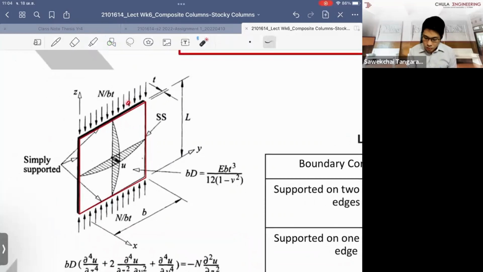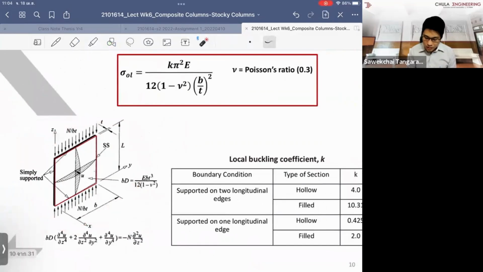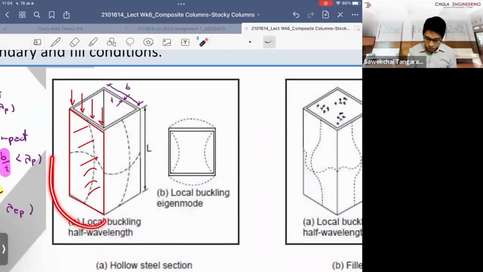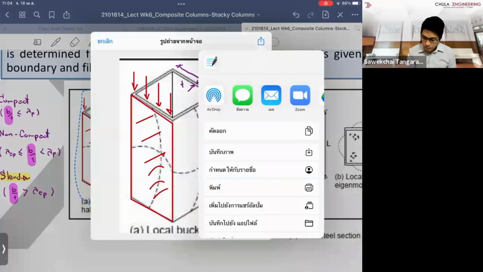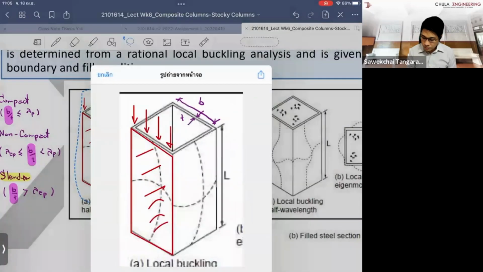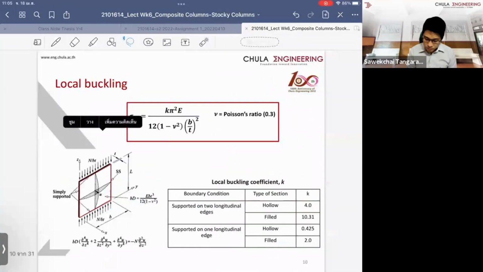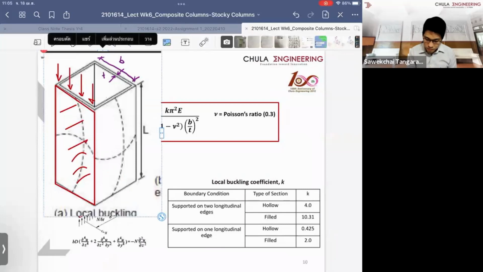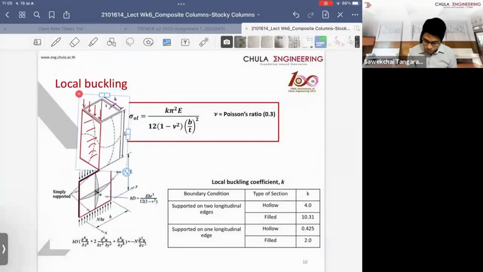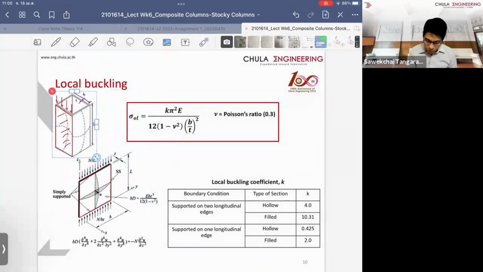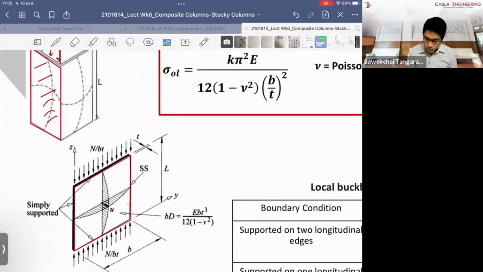And you have the uniform compression. So these sections here where I take it from, I just take them and we put the thin plate, right? Put the boundary condition.